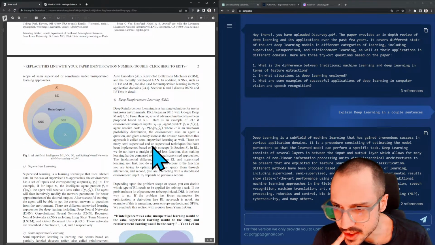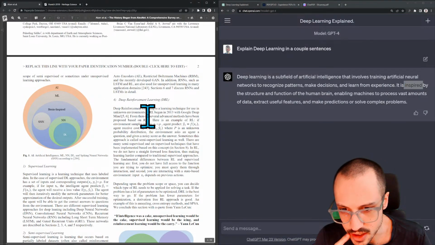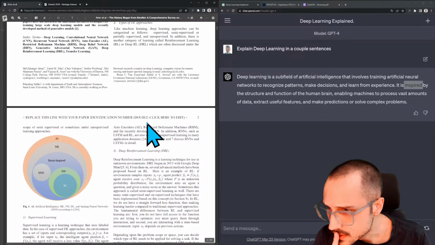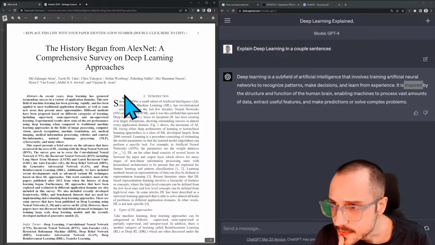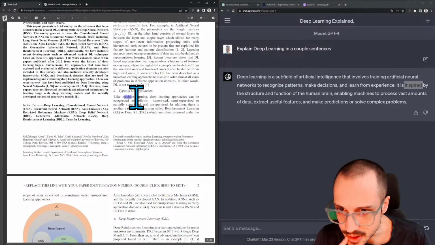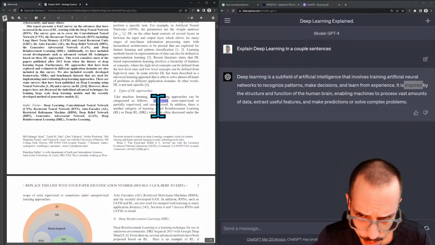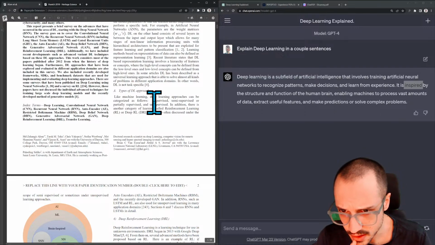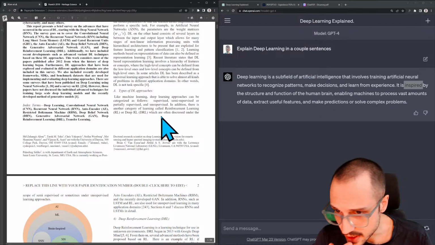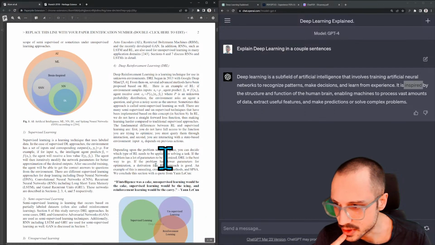Let's find something a little bit more complicated that perhaps ChatGPT does not know about. So in this summary paper, they talk about the different types of deep learning approaches. You got semi-supervised, supervised, partially supervised, and unsupervised. You got reinforcement learning, you got deep reinforcement learning. Does anybody actually do reinforcement learning anymore that's not deep reinforcement learning?